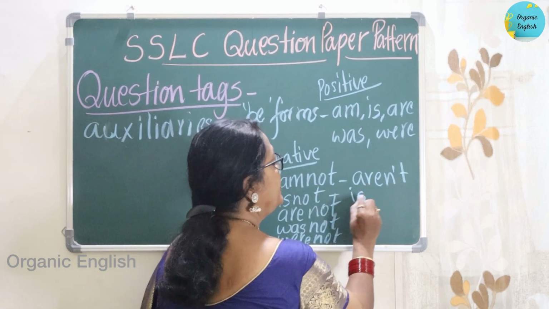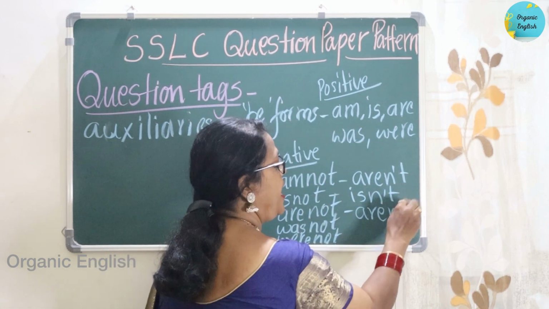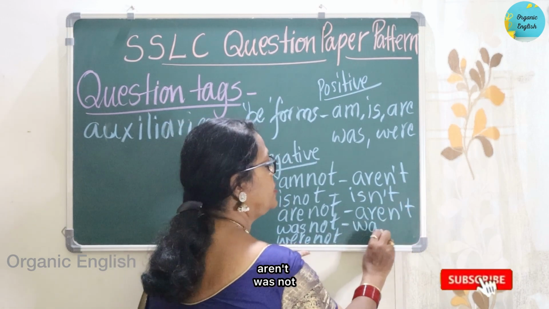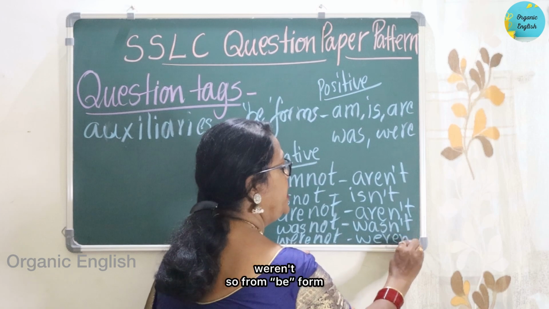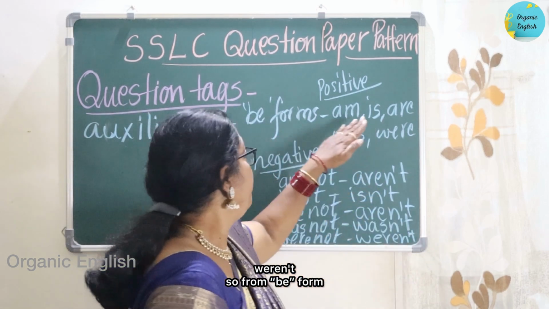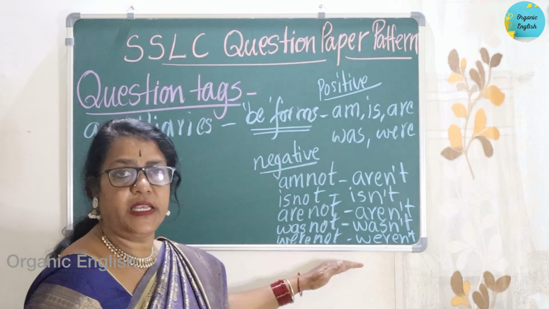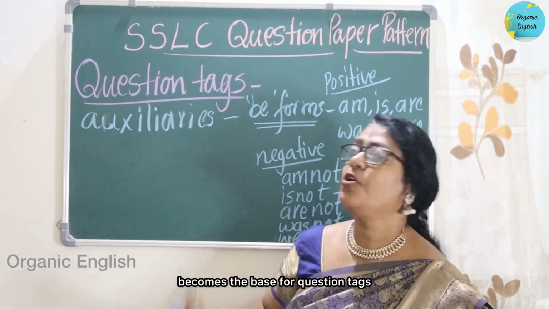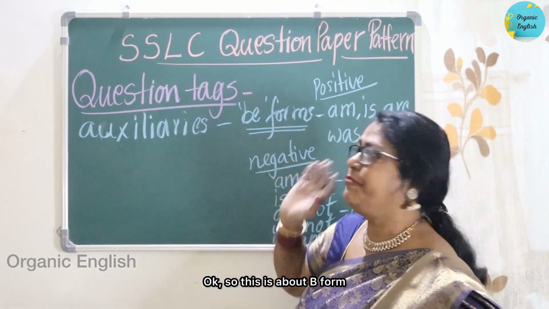Is not, isn't, are not, aren't, was not, wasn't, were not, weren't. So, from be form, we need to know these many, which becomes the base for question tag. Okay, so this is about be form.